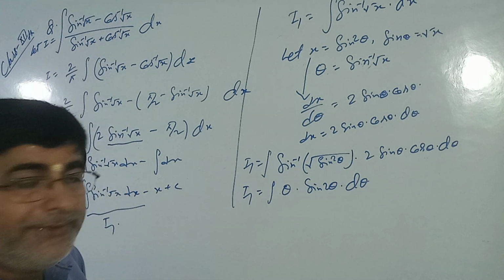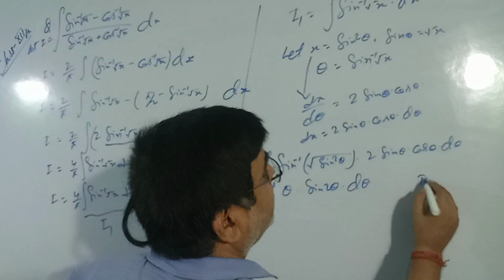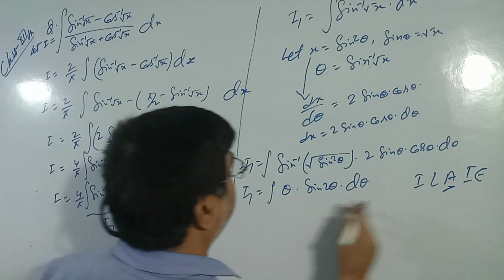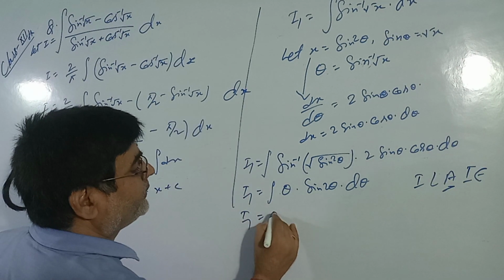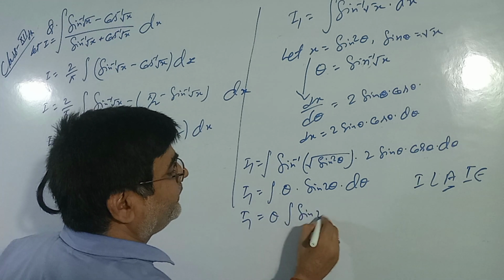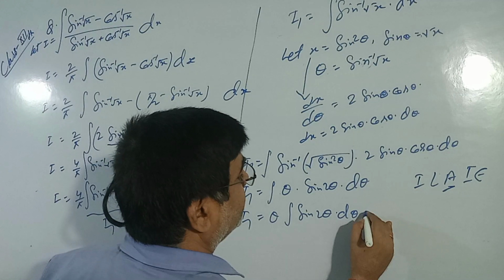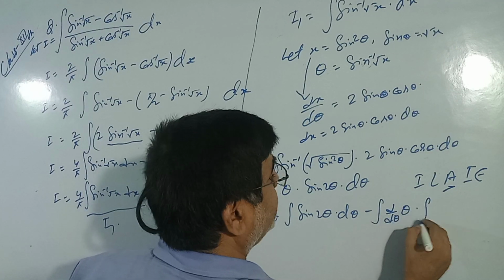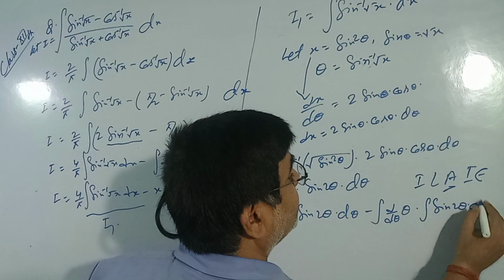Use ILATE, the rule where the last one, algebraic, is first. So I1 equals theta times integral of sin 2 theta d theta minus integral of the derivative of theta, d by d theta of theta, into the integration of sin 2 theta d theta.